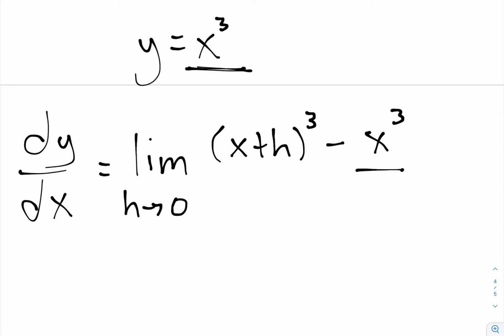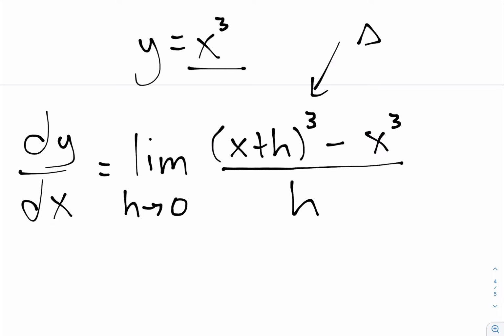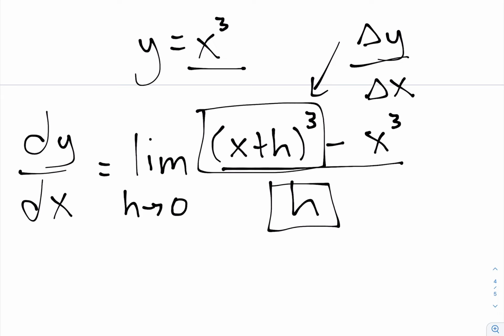So y1 is always your original function, and your new function, your y2, is just inputting the plus h after the x, wherever you see the x. We're going to be dividing that by h. So this really is just change in y over change in x, because our change in x is h, and our change in y is just y2 minus y1.